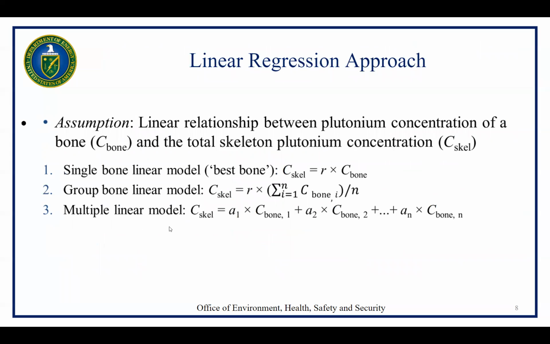The linear regression approach was used in several studies based on the assumption that there exists a linear relationship between plutonium concentrations of a bone and the whole skeleton. 3 types of models were attempted using whole body cases: single bone linear model, group bone linear model, which uses the average bone concentrations of selected bones, and multiple linear model.